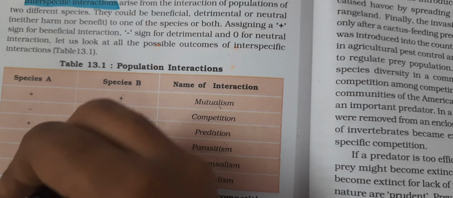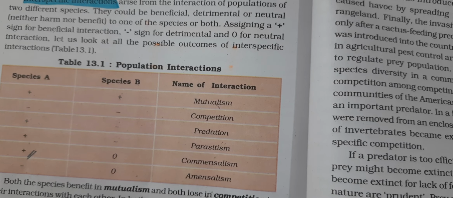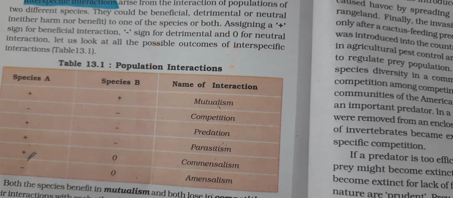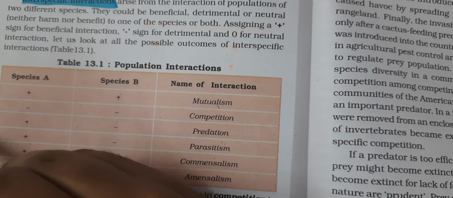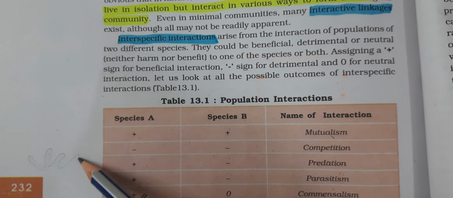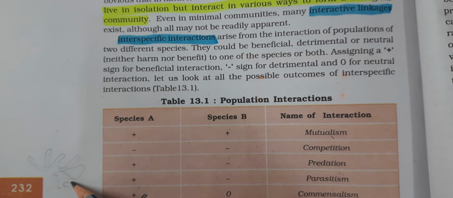Basically, commensalism, I will give you an example: the sea anemone and the fishes around it. The sea anemone gives protection for the fishes, so the fish is being benefited.